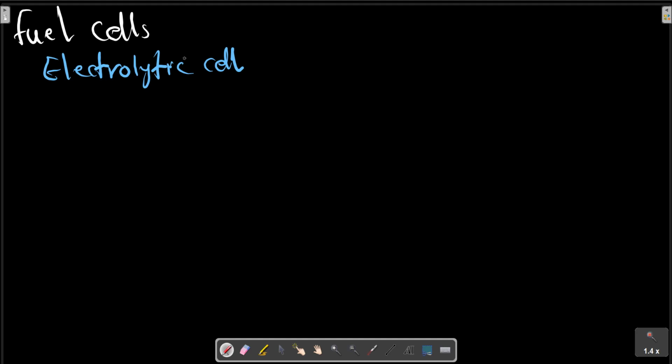When a potential exactly equal to the electromotive force of the cell is applied, no reaction takes place.